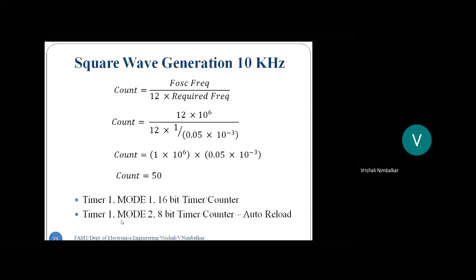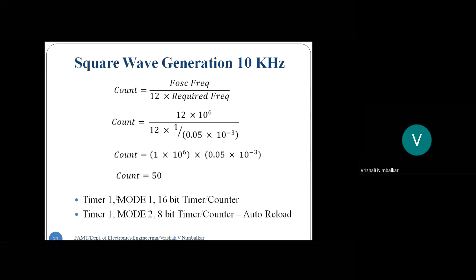So the more applicable is mode 2. It is an 8-bit timer counter, and the most important is the auto reload facility. The count will be loaded again and again, and I'll be getting a continuous square wave. But the same square wave can be obtained using mode 1 also. Fine, we are going to see both.